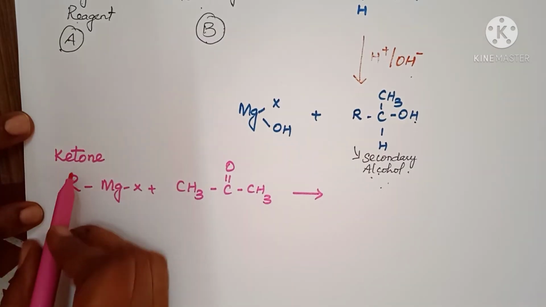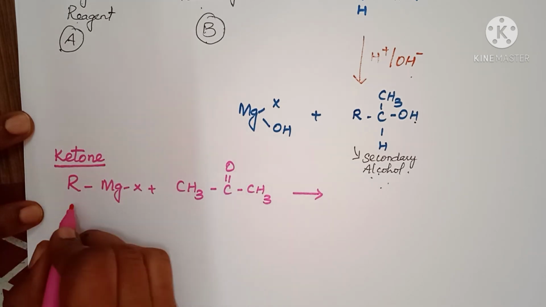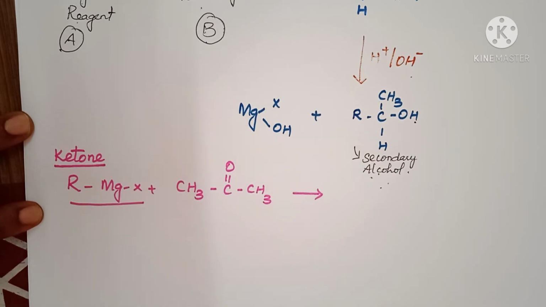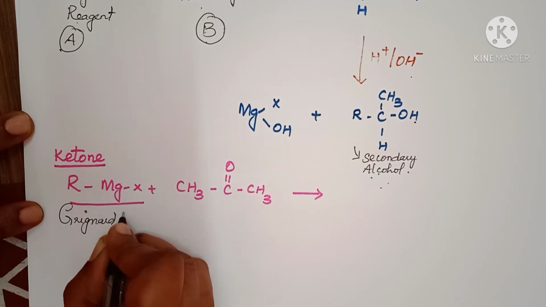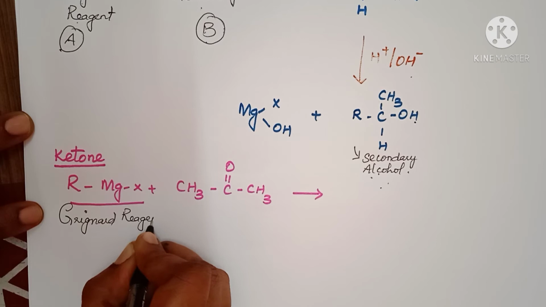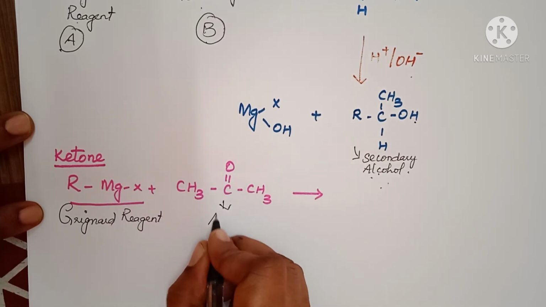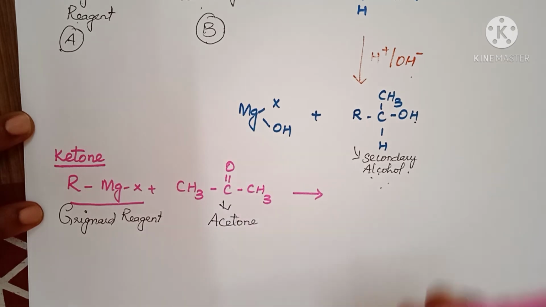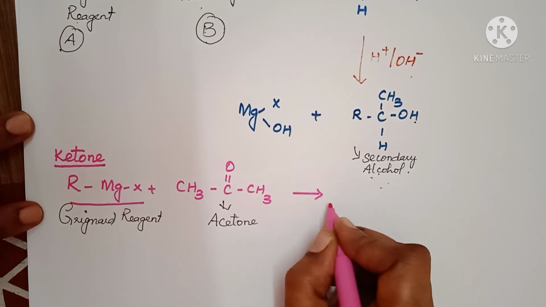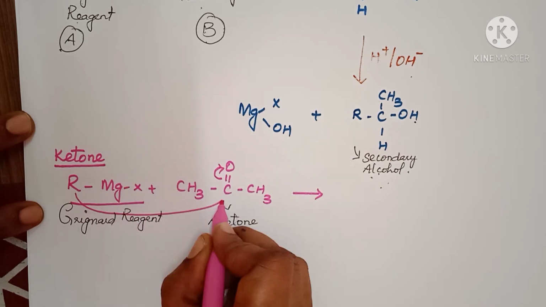Now, the next reaction, which is a ketone reacted with Grignard reagent. So this is CH3, CO, CH3, which is called acetone. In the same way the addition product takes place. So here the same way it goes there, and this point is going to join over there.